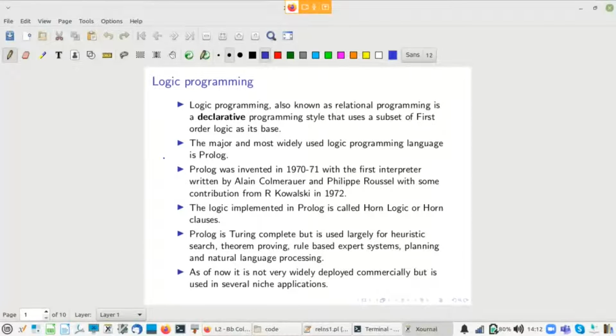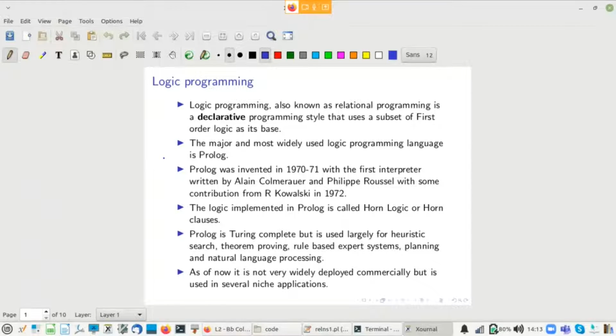The other two were in France. By 1972, an initial implementation of Prolog was available. The logic that is implemented in Prolog is called Horn clauses or Horn logic. We'll look at the theory of this briefly a little later.